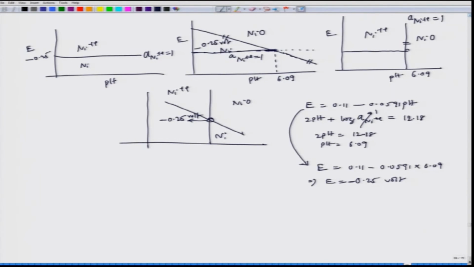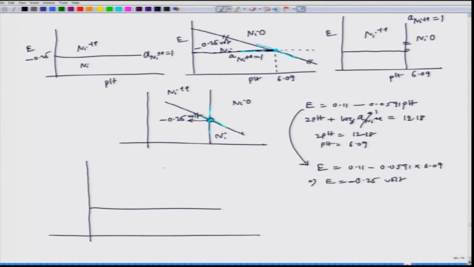The connection between this line and this line was this, and when I try to see the connection between this and this, there also we get the same coordinate on the E versus pH plot. So, we would get a plot like this. Now, we combine all three reactions, this is reaction 1.